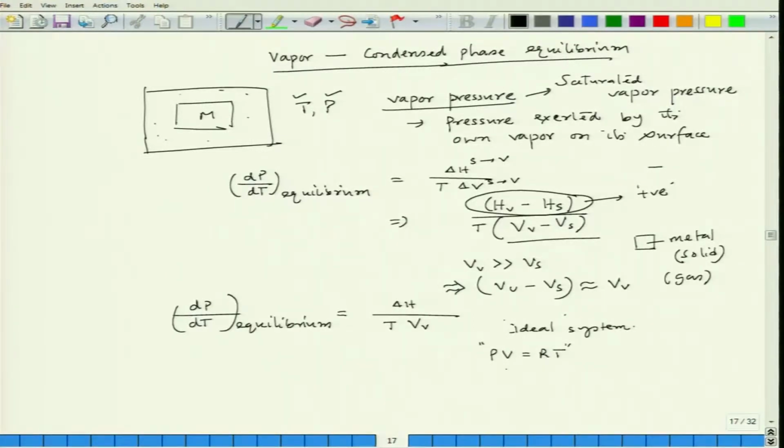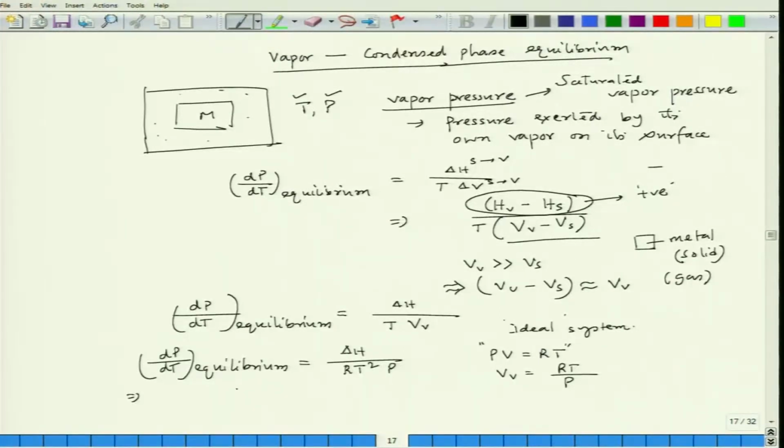Here I can convert V V equal to RT by P. If I replace this, then dP dT at equilibrium becomes equal to del H P by R T square.